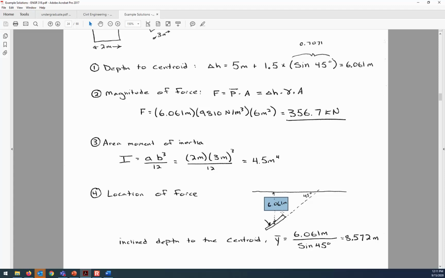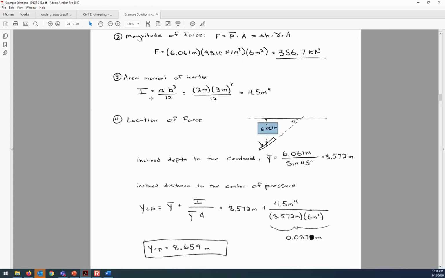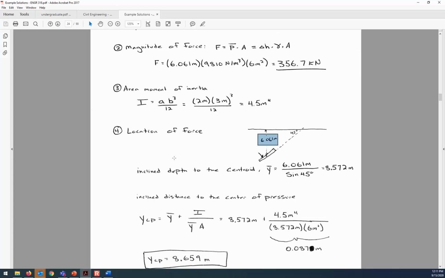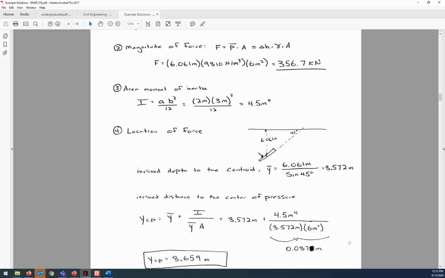Now we can substitute that into the formula for the center of pressure. Let me just zoom out a bit so we can see it in context. It's y bar plus the area moment of inertia over y bar times A. So the location of the hydrostatic force is going to be a little bit further beyond where the center of area is.